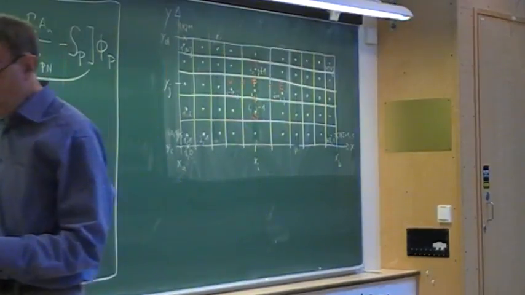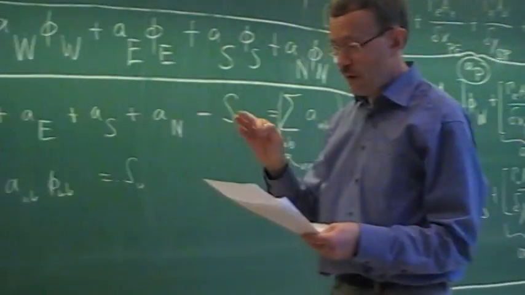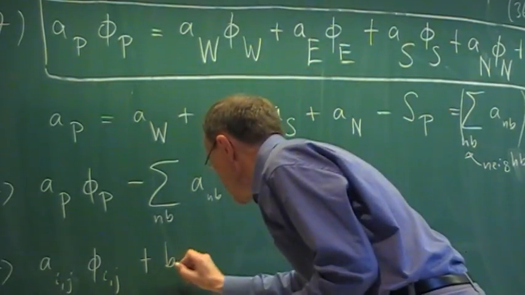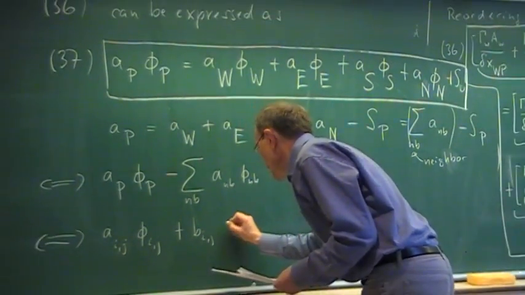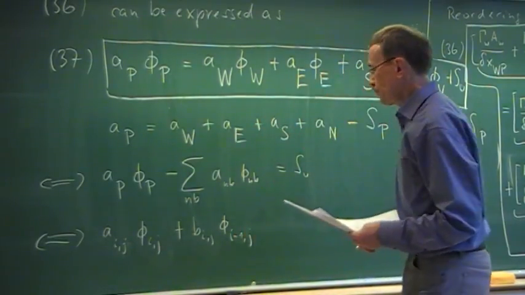Then I introduce some new names here. For the minus AW, I'll introduce the name Bij, and the unknown there is phi i minus 1 j.